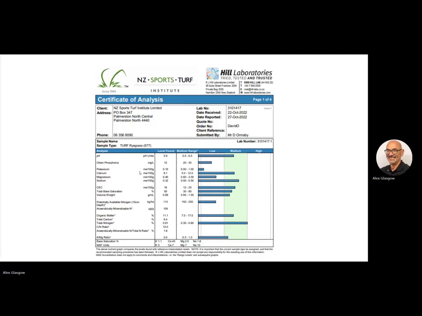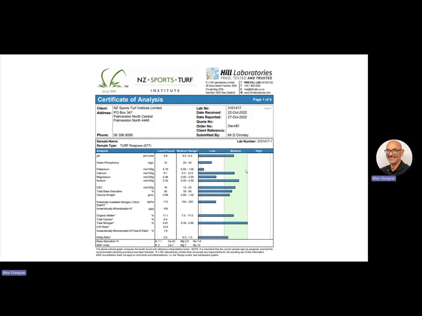Now, something to be aware of is this up here, where it asks you what the sample type is, and it's important to fill this in. So just put what the crop is, is it ryegrass or kikuyu or paspalum or whatever, and put that in there. And the reason you do that is because this medium range here is based on that plant's requirements.